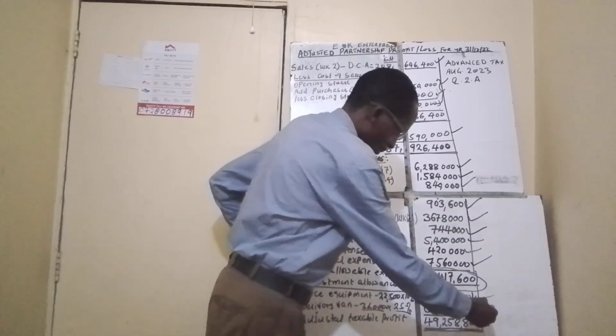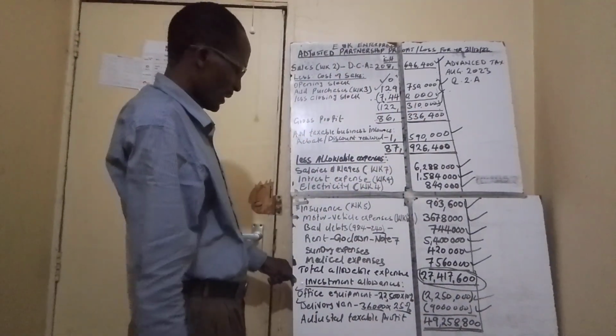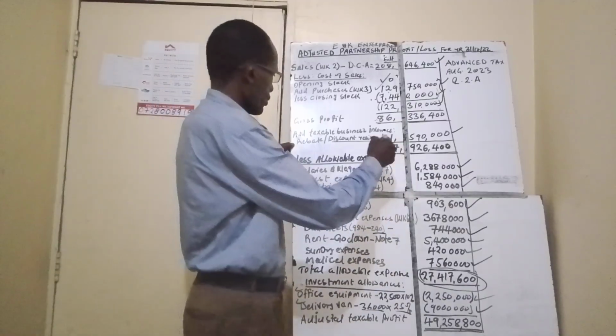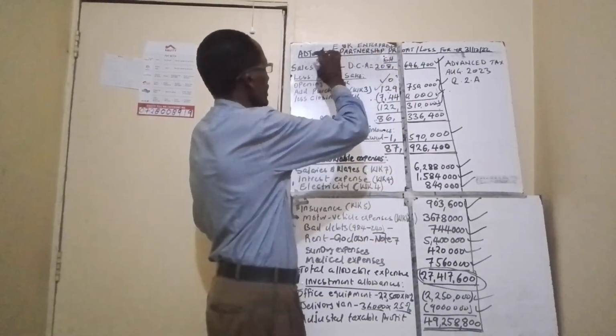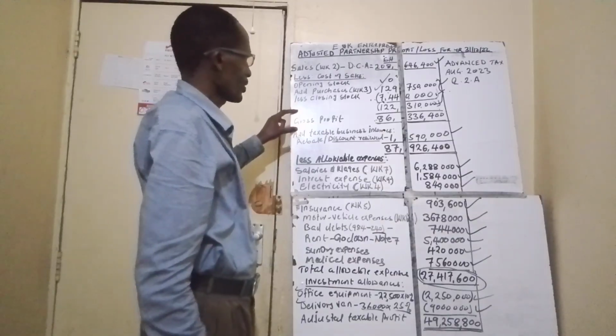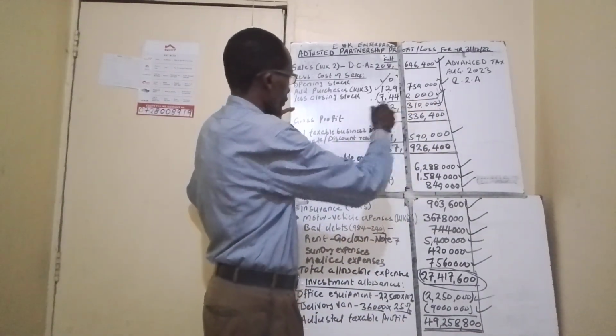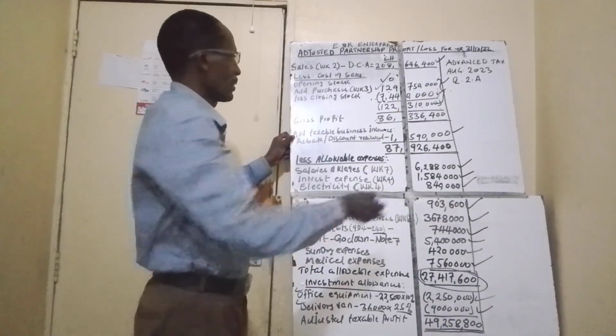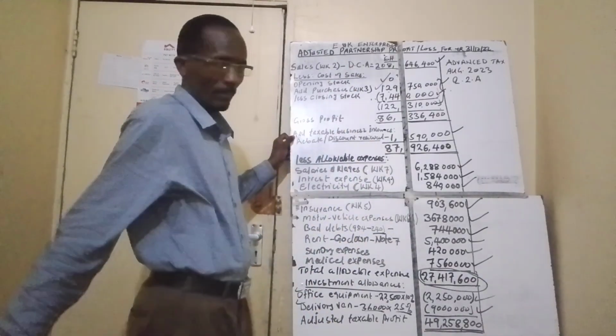You get 9 million. So finally, to get adjusted taxable profit, remember we started here, sales minus cost of sales. We got gross profit. To gross profit, we add any taxable business income.